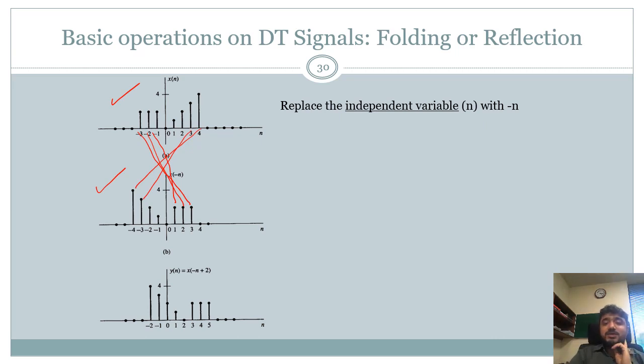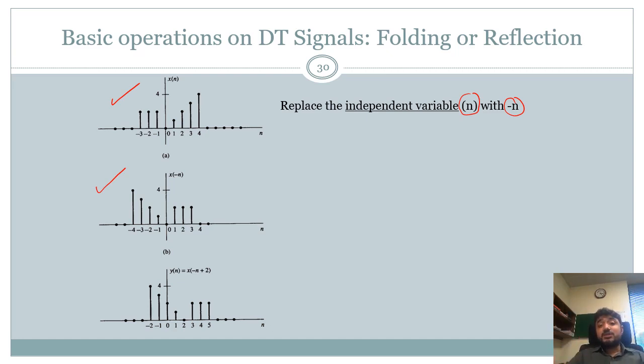So mathematically, all you do is replace the independent variable, just the variable, not anything around it, with -n. This important precaution you will find very useful when we look at our next example. So simple flipping or folding or reflection is fairly easy to implement. It's just take your signal and flip it around the vertical axis.